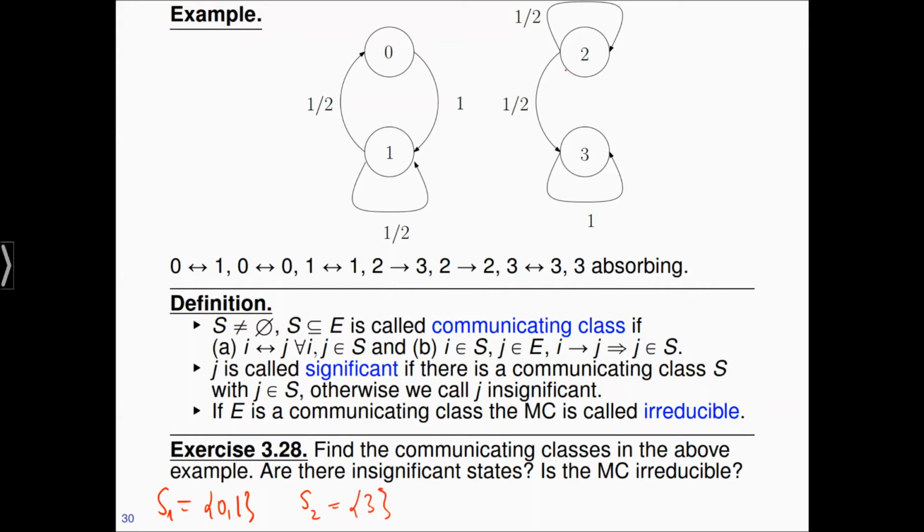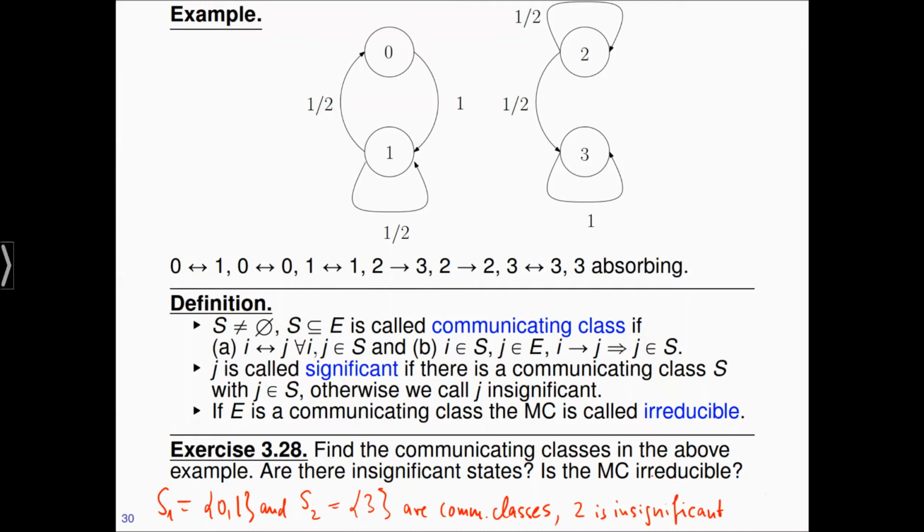And as you can see here, 2 is not part of any communicating class, because there are no states that lead to 2. So 2 is insignificant. I've written it up this way: S1 and S2 are communicating classes, 2 is insignificant.